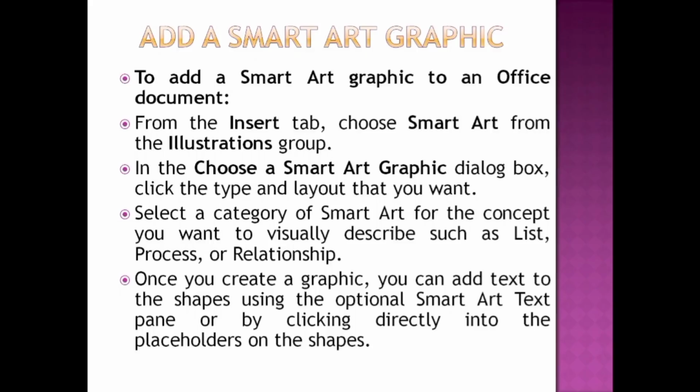Then, in the Choose a SmartArt Graphic dialog box, click the type and layout that you want. After that, select the category of that SmartArt for the concept you want to visually describe, such as list, process, or relationship.